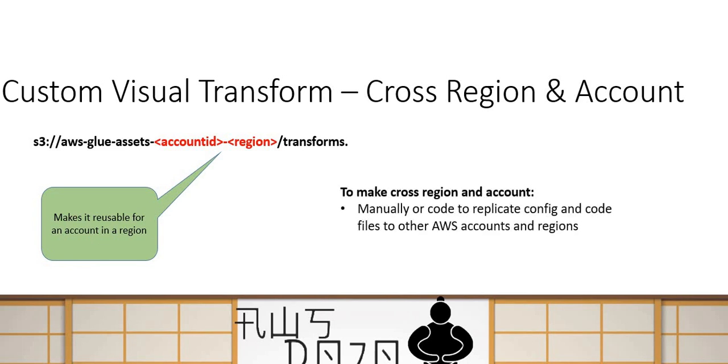If you want to make it cross region and cross account, there are two approaches you can take. You can simply create all this configuration at one place in one account, one region, and then either manually or through code you copy it to other accounts and other regions.